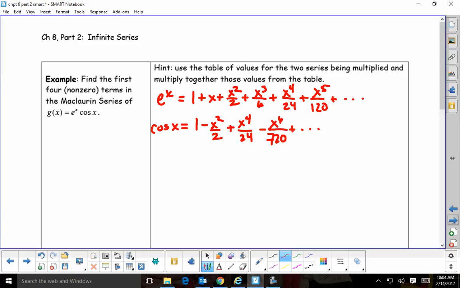We're going to go with those two. Okay, so those are basics. We always start with our basic series on these manipulation ones. Now it wants me to multiply.